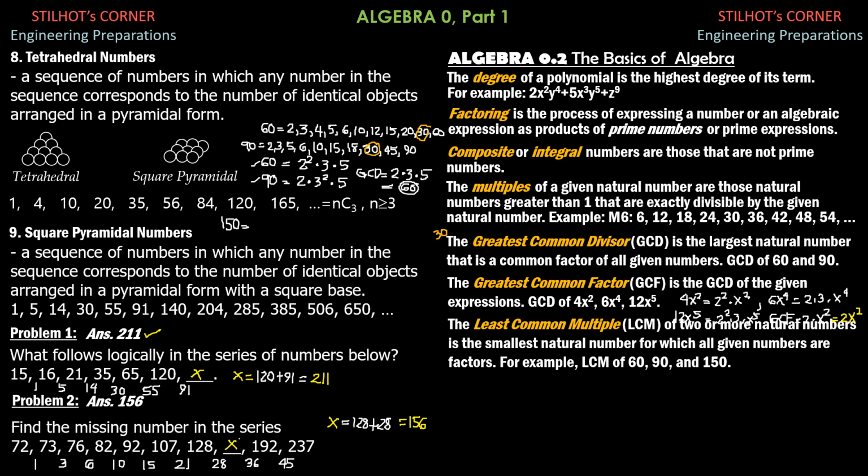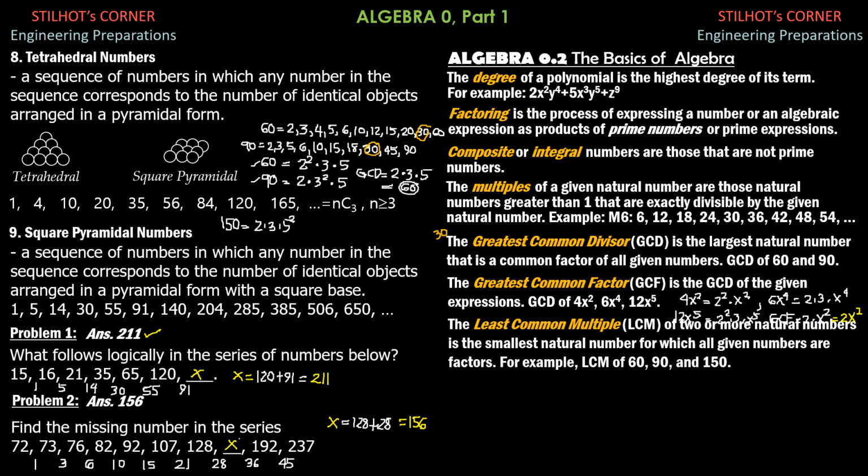The technique is very opposite to finding the GCD. So 150 is 15 times 10. 15 is 3 times 5, and 10 is 2 times 5. So therefore it is 2 times 3 times 5 squared.